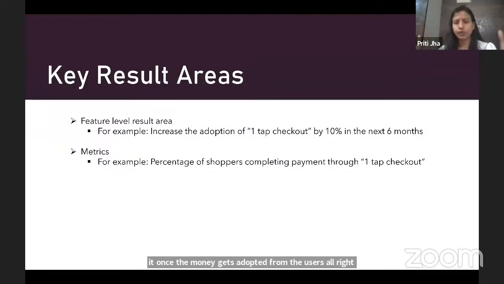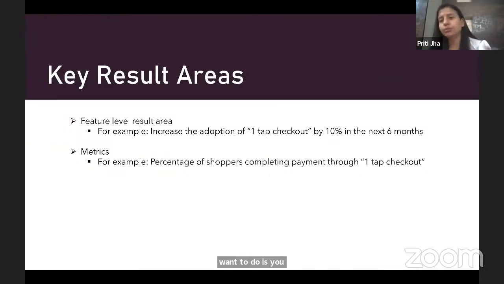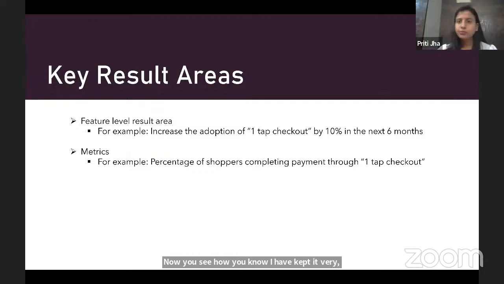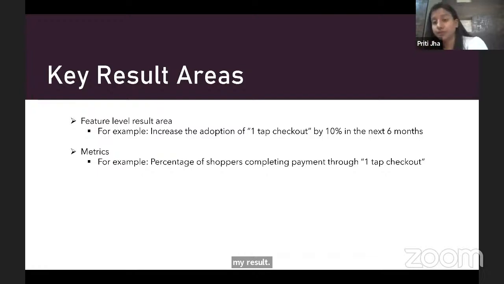Just hypothetically thinking of the feature. Now, what you want to do is increase the adoption of one-tap checkout by 10% in the next 6 months. Now, you see how I have kept it very, very specific: this should be my result, that it should increase by 10%.